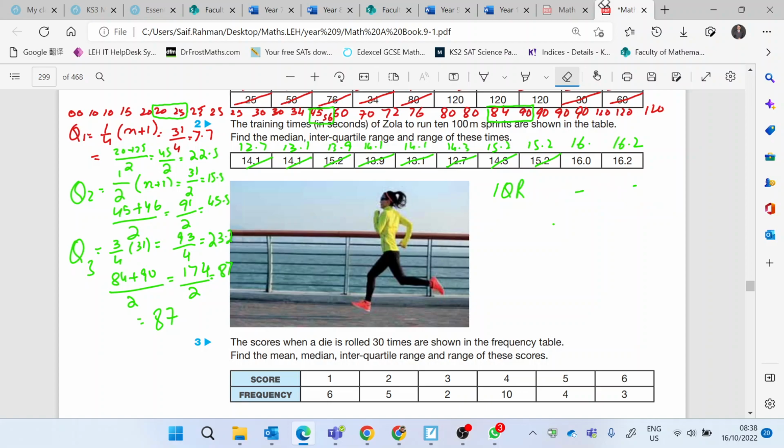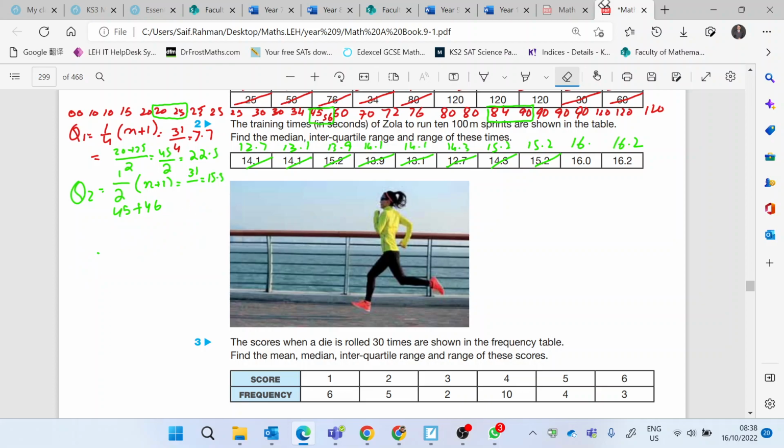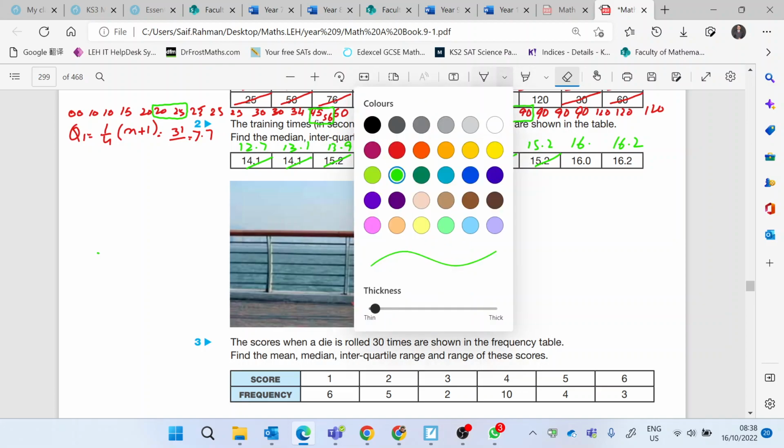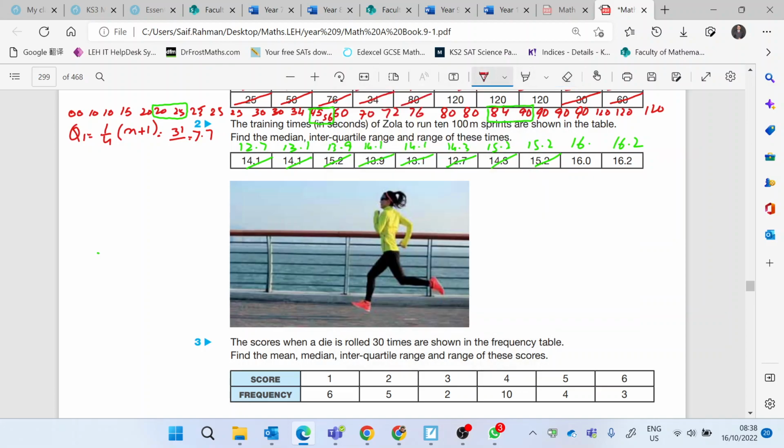Just erase the previous one so that I have some space here. Okay, so I think I've got enough space to write now.